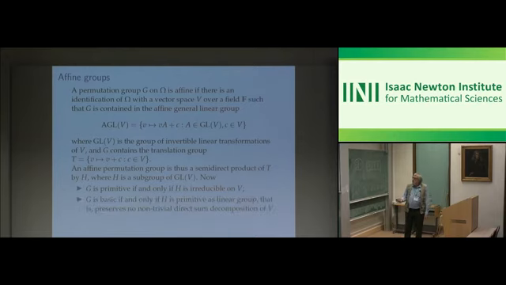G is basic if and only if H is primitive as a linear group, that is, preserves no non-trivial direct sum decomposition of V. Right? So we can recognize primitive and basic. We've sort of shifted the problem now from permutation groups to linear groups. So we've turned it from permutation group theory to representation theory.